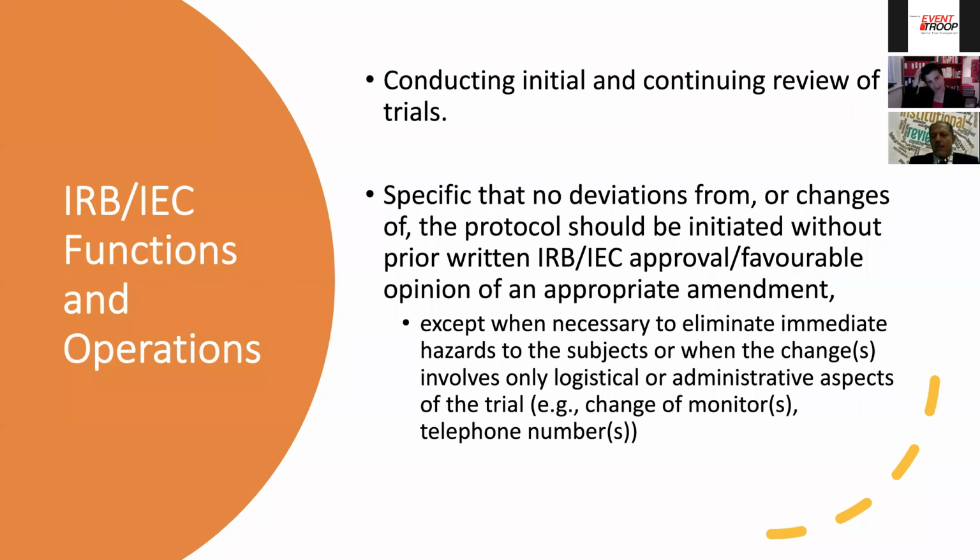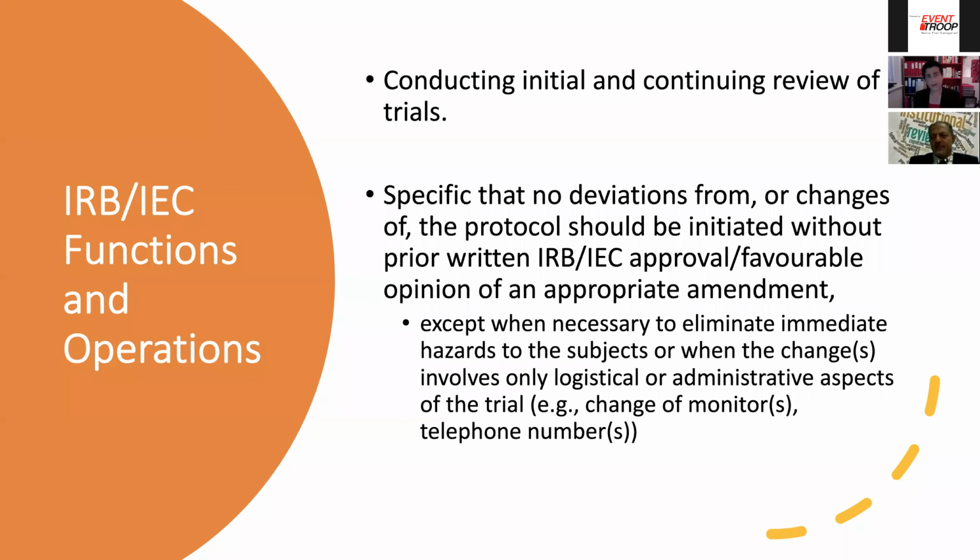Now, what else does the IRB do? The IRB has to conduct an initial and continuing review of the research. I'll tell you what this is in a minute. Very importantly, something made very clear in GCP is that you have a protocol, you have a proposal, and your IRB has said, yes, it is fine, we give you approval to conduct the research as your proposal is saying.